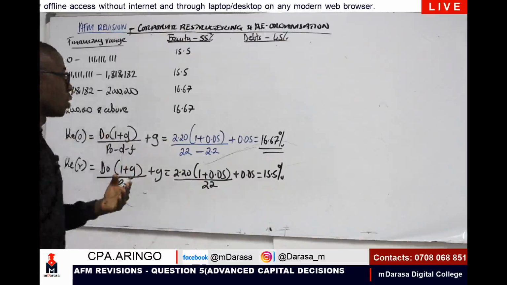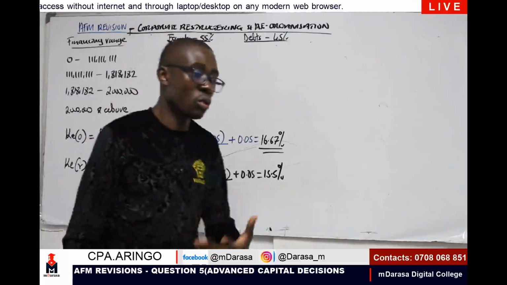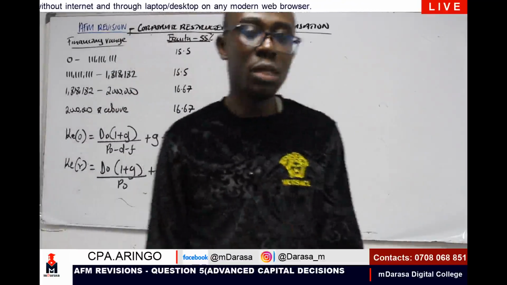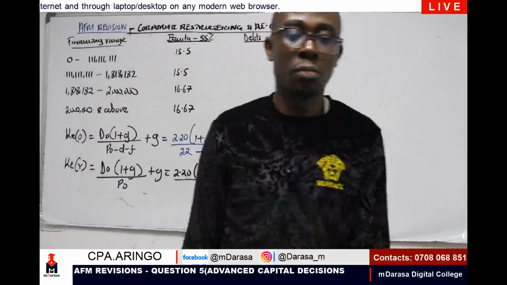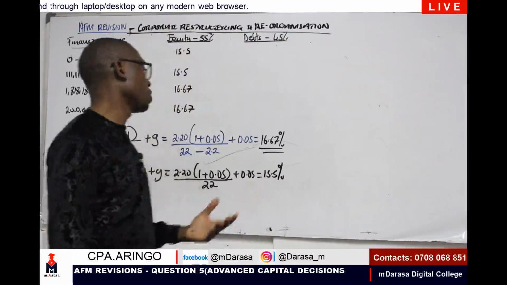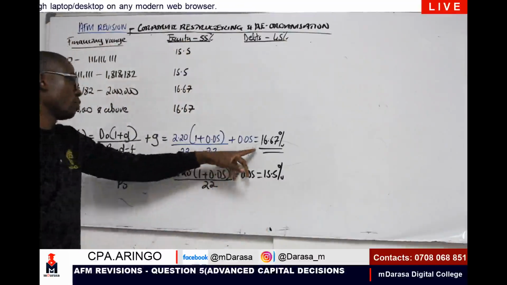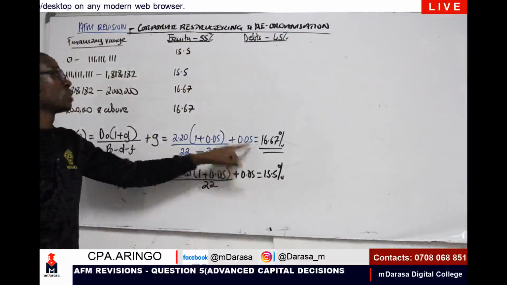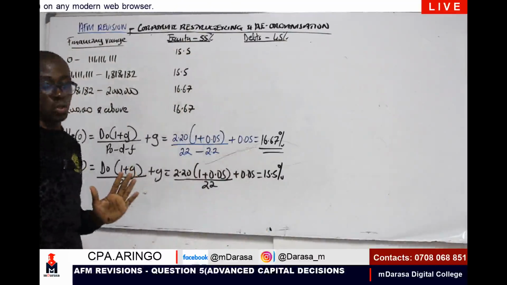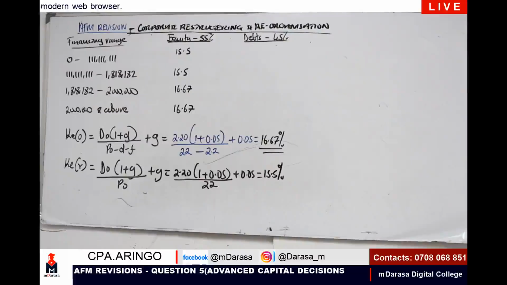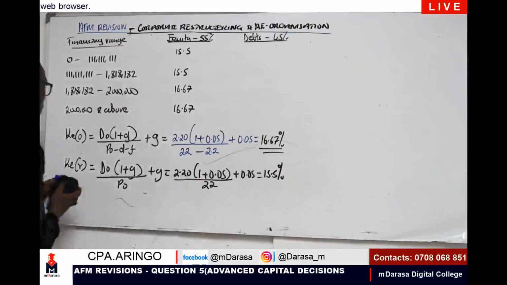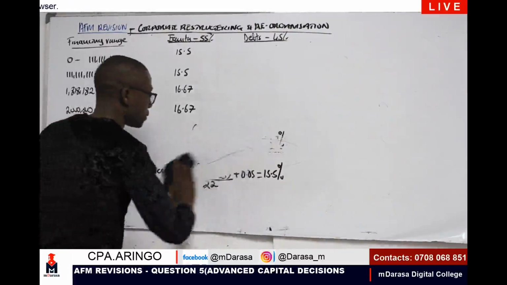If we go beyond that, we are talking of ordinary shares, which have to be issued to the public, and then the cost will be what you have computed here. So basically that is what you're supposed to do in that context. We proceed to the next item here. I need now debt.